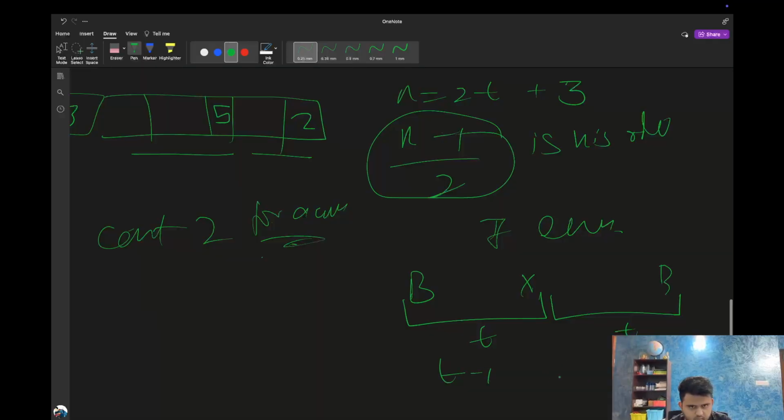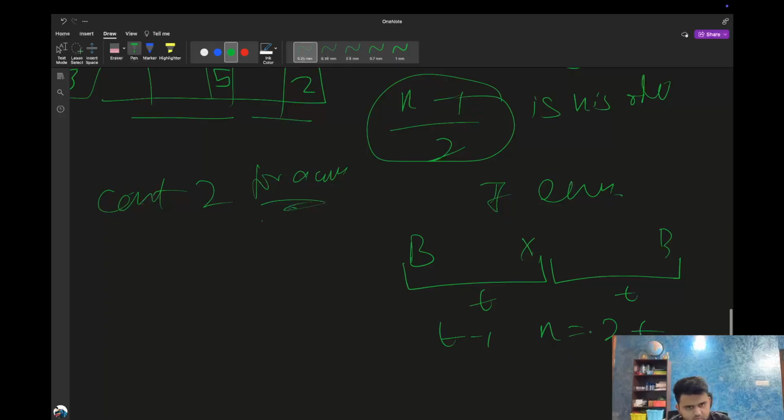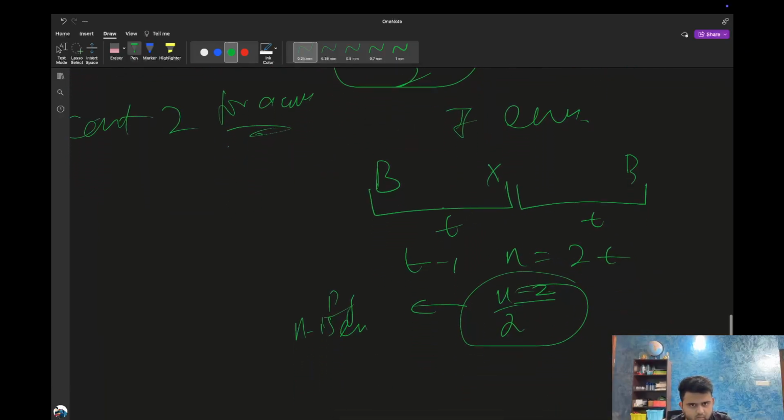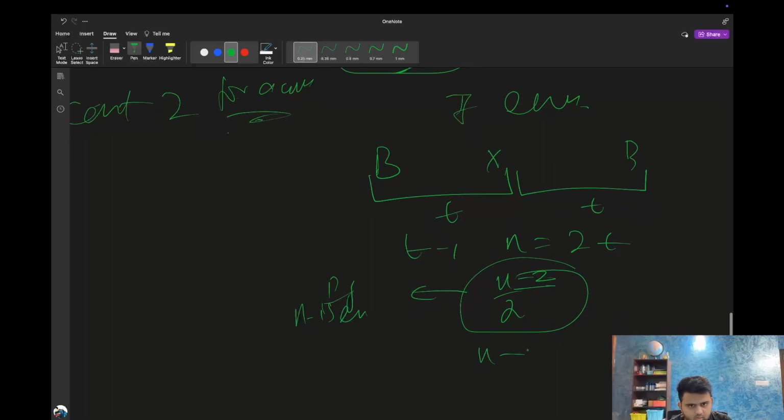T minus 1, and n is 2t, which should be n minus 2 by 2 if n is even. So you have 1 of n minus 2 by 2, and you have 1 of n by 2.